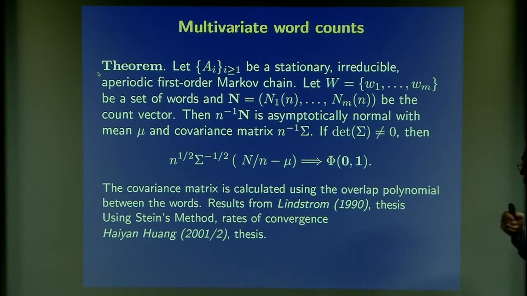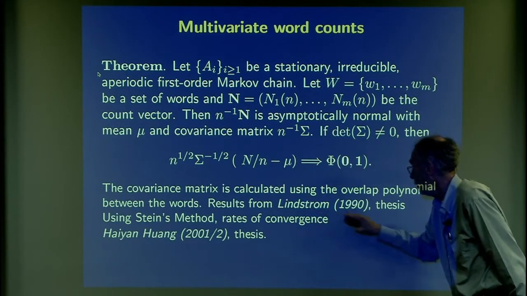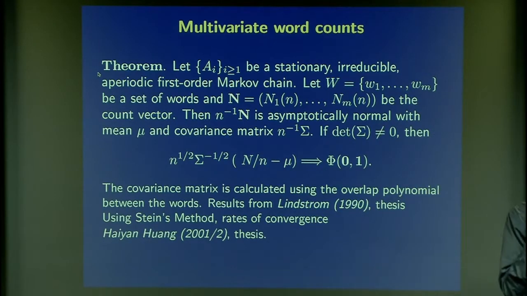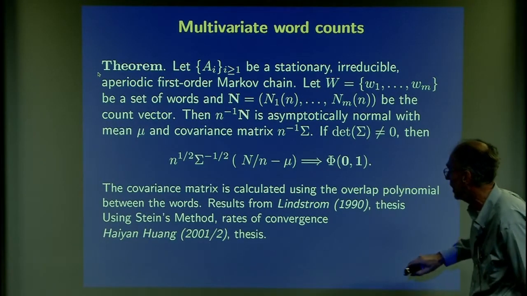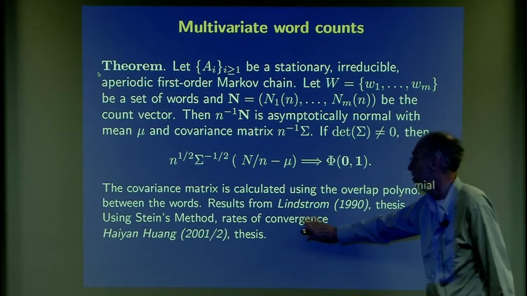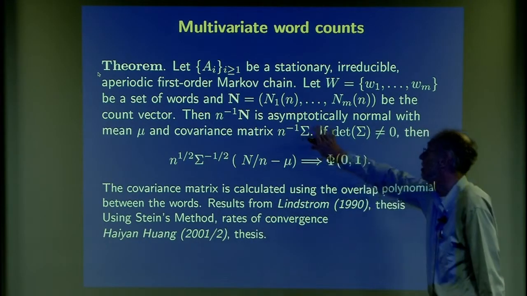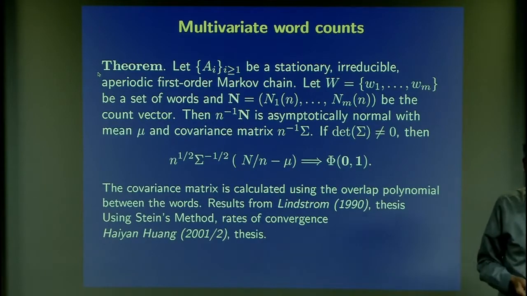This is for PhD students here. This was the thesis of Ron Lundstrom from Simon Tavare. Perfect PhD thesis. There was plenty of technical stuff to do. Surely it was going to work out. And Ron never published the result. But it's quite well known, and Haiyan Wang is in the audience here, did a Stein's method for rates of approximation of the convergence of these guys. It's pretty neat stuff. Classical looking.